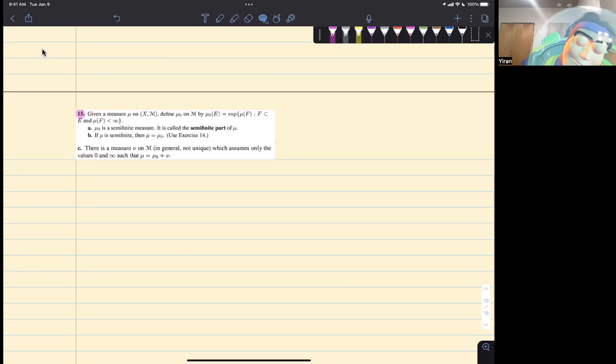So in particular, this implies that the measure mu of Fn is smaller or equal than mu naught of E.